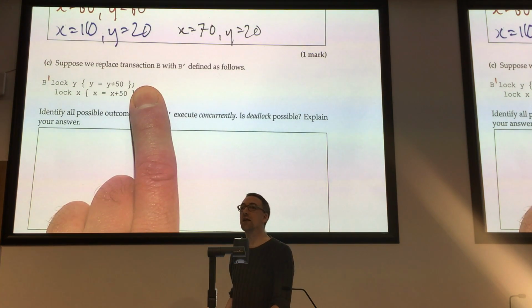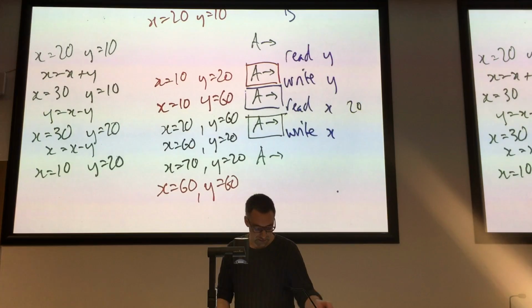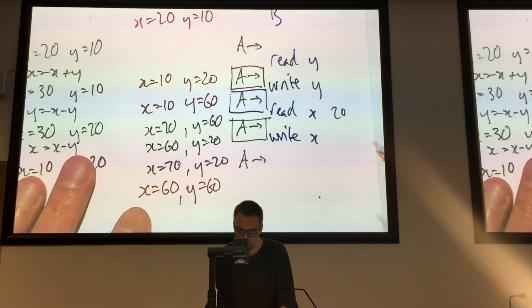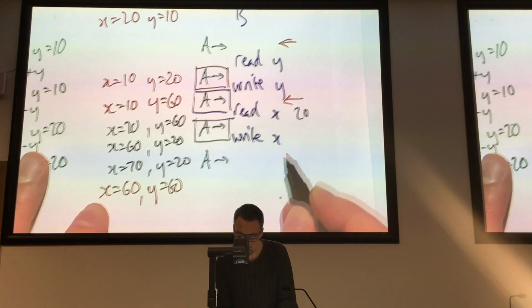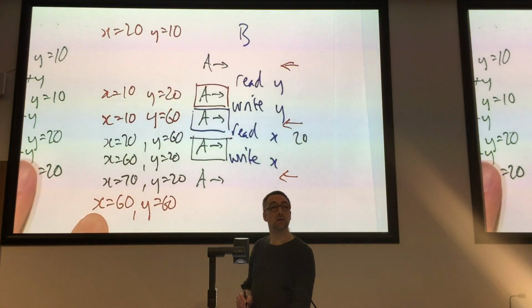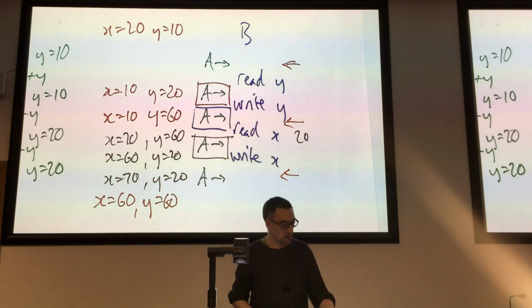So A could still happen in the middle. Correspondingly, we get the outcomes that correspond to here, here, or here. And we've already figured out what they are. Okay?